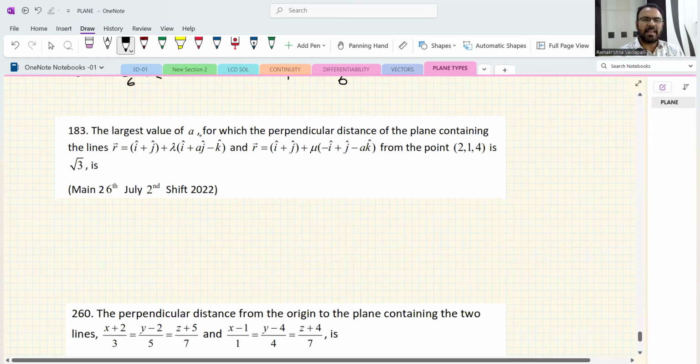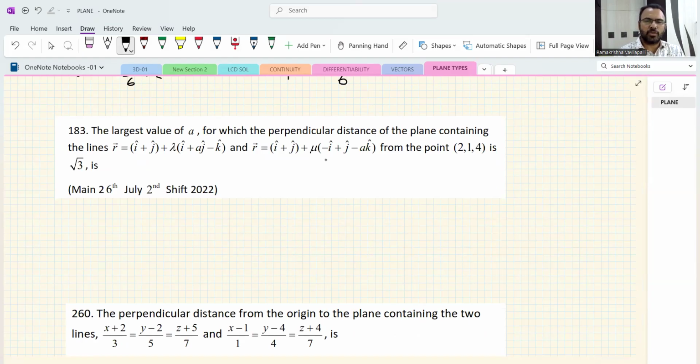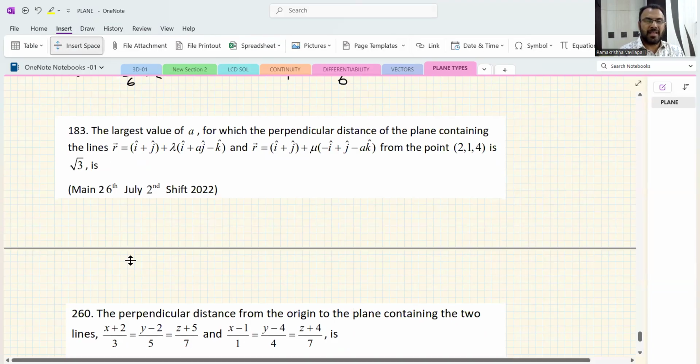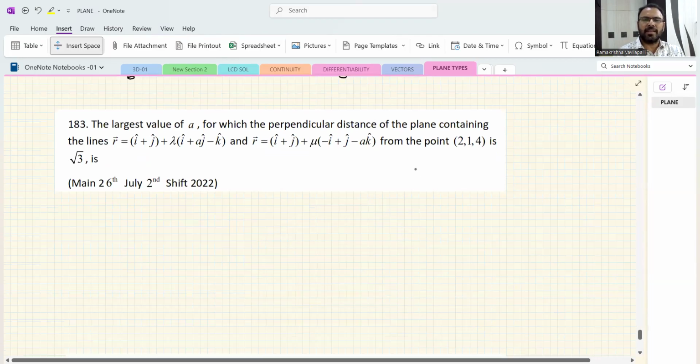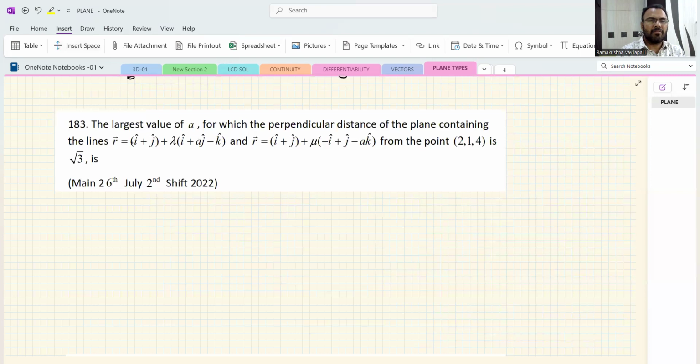The largest value of a for which the perpendicular distance of the plane containing two lines from the point 2, 1, 4. I didn't solve this kind of question. So now the required plane is given by determinant of, see, first line passes through 1, 1, 0.